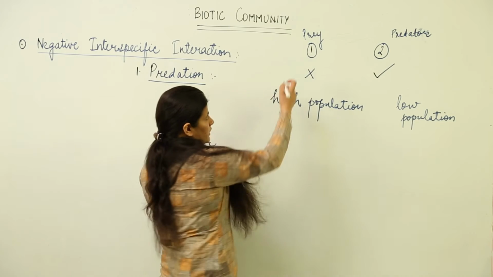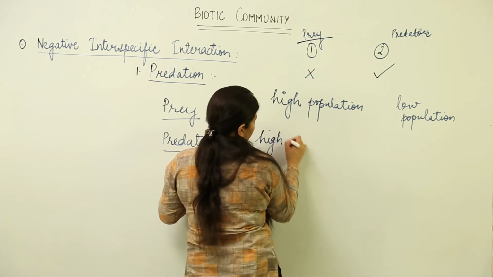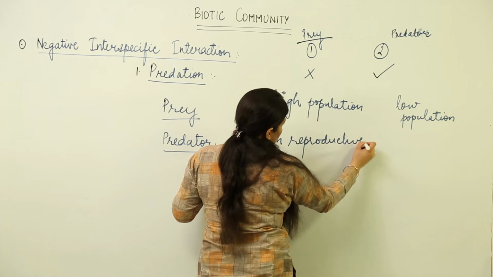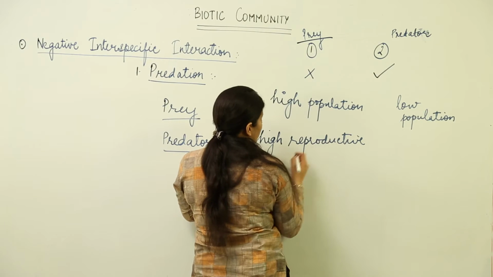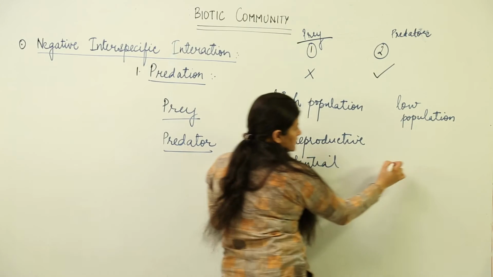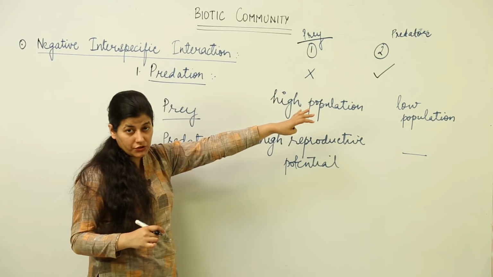That means this particular prey species has a very high reproductive potential as well. It means they can produce many offspring in one go, while the predator does not have such potential. The population of predator would be under control.